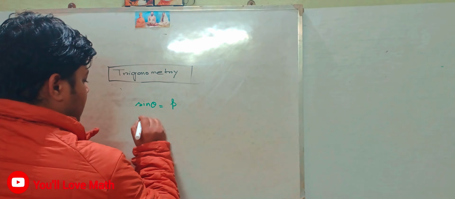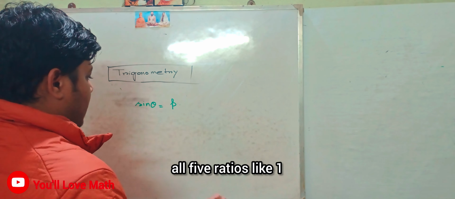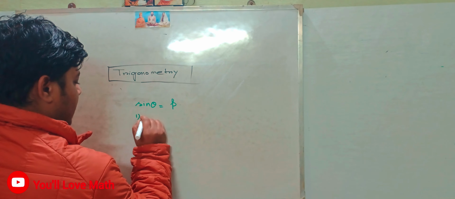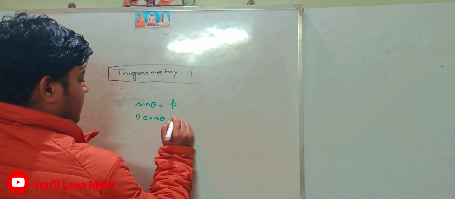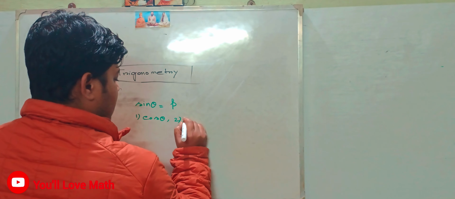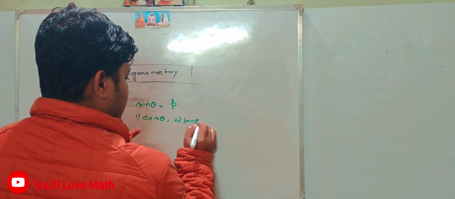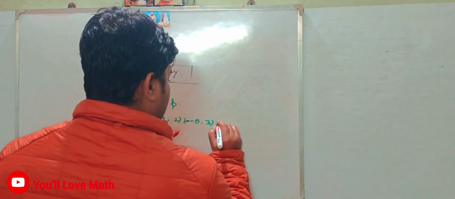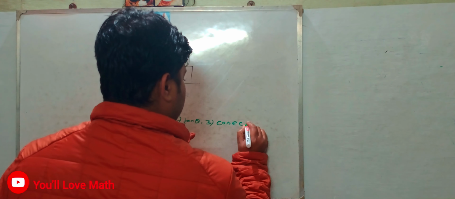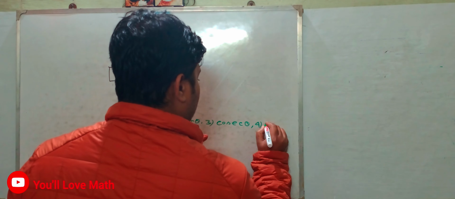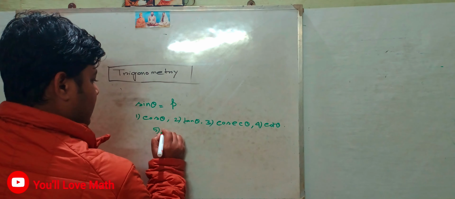So you have to find the value of all 5 ratios: 1 cos theta, 2 tan theta, 3 cosec theta, 4 cot theta, 5 sec theta.